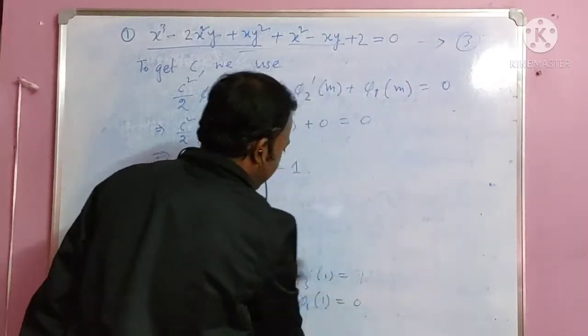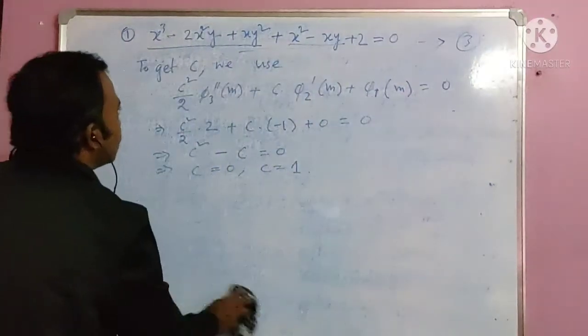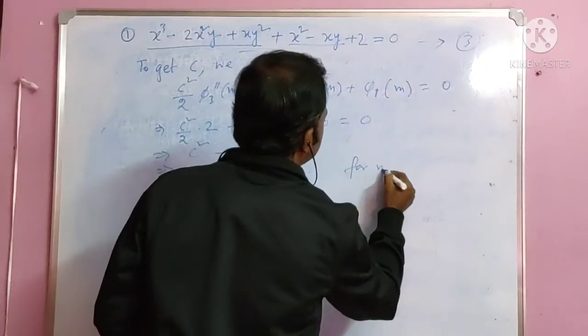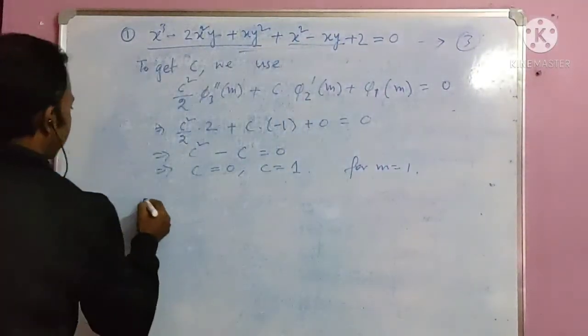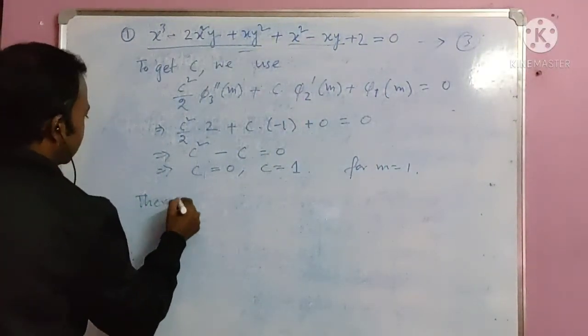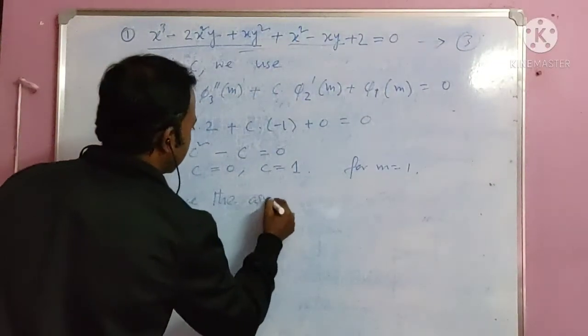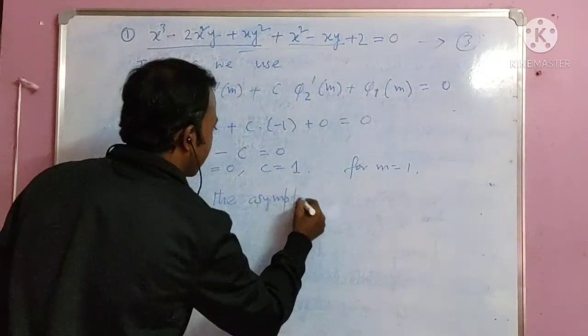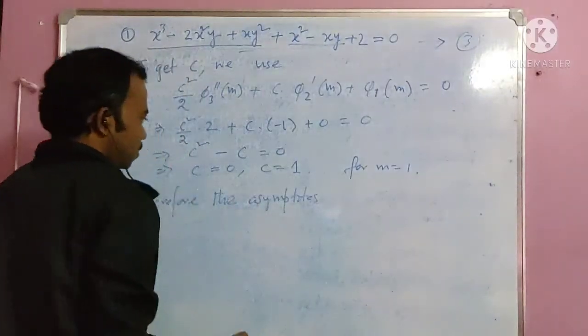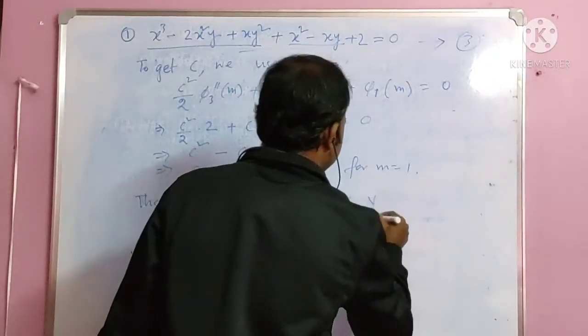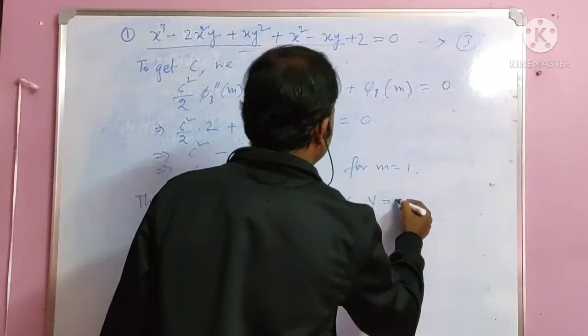What will be our asymptotes then? We can write for m equals to 1. Therefore, the asymptotes are y is equal to m x plus c, with m equals to 1.